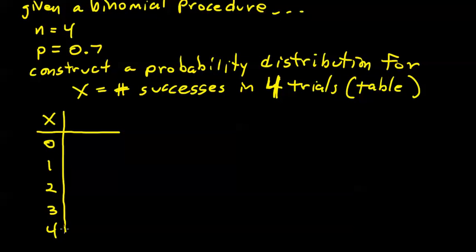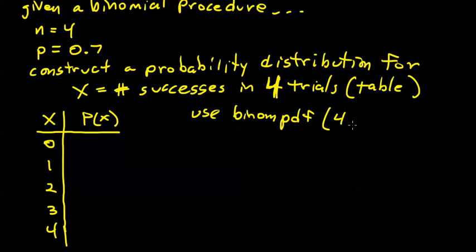Now, we've seen this table set up before. It's somewhat similar to probability distributions we saw in section 5.2, but each of these probabilities is determined by the binomial formula. So what I'll do is use the binomial PDF command, and I'll take 4 trials.